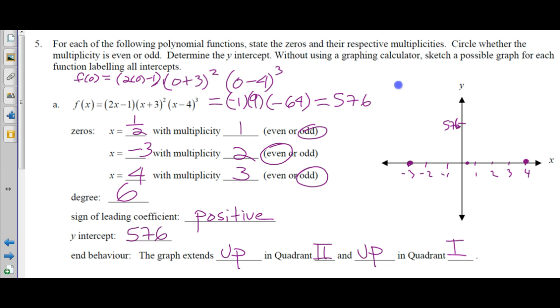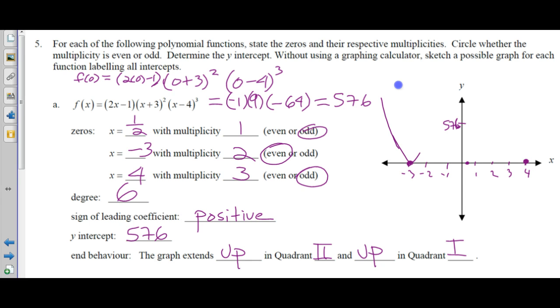It's of degree 6. We know it opens up, so it's coming from up here. It's going to hit this, which is negative 3, which has a multiplicity of 2. So what's it going to do at this point? Pass straight through, have a changing concavity, or touch and go? Touch and go. So it's going to come down here, head back up.